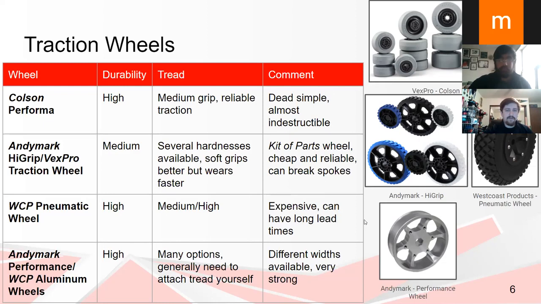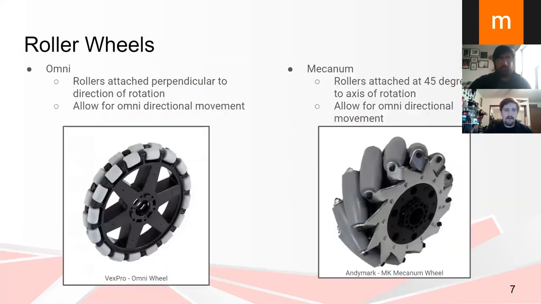In addition to traction wheels, there is a different type. There are roller wheels. These ones, in addition to being able to roll in the forward and backward direction, have extra rollers on them that allow you to move in different directions. The most basic one are omnis, where the rollers are mounted perpendicular to the wheel's rotation, and that allows the wheel to slide sideways and basically makes it so there's no scrub at all while you're turning.